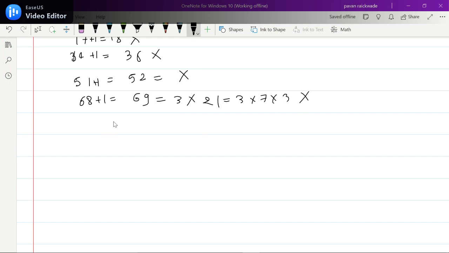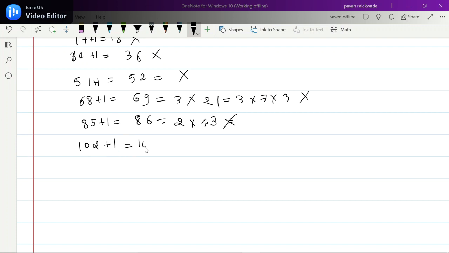Is it a prime power? No, this is divisible by 3 times 23. So this is also not a single prime power. Then 17 times 5, which is 85. 85 plus 1, is it a prime power? It is 86, which is 2 times 43. So no, this is also not a power of a single prime.